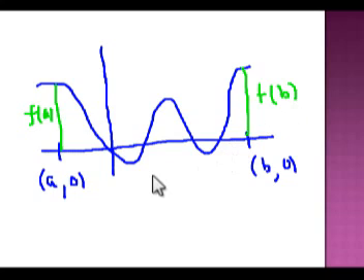So f(a) and f(b) are equal, and the whole function y equals f(x) is continuous. There is no discontinuity in this closed interval. And the first derivative of f(x) also exists because this is fully continuous, and you can see there is no discontinuity.